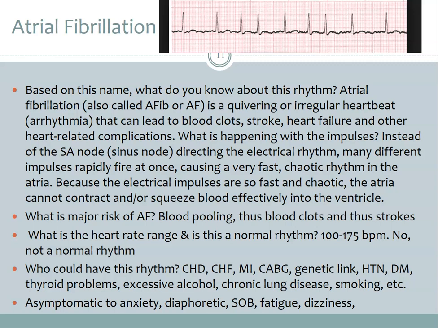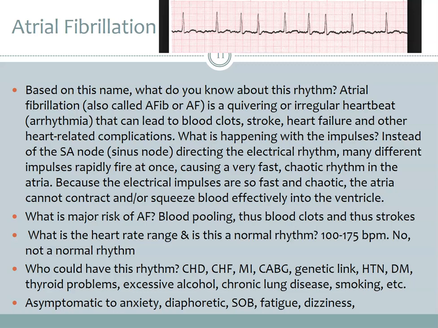Too many impulses rapidly firing at once, causing a very chaotic rhythm that the body and heart cannot keep up with. This chaos causes that blood to pool and sit there, and we know that anytime blood sits, it starts to form a clot, right?